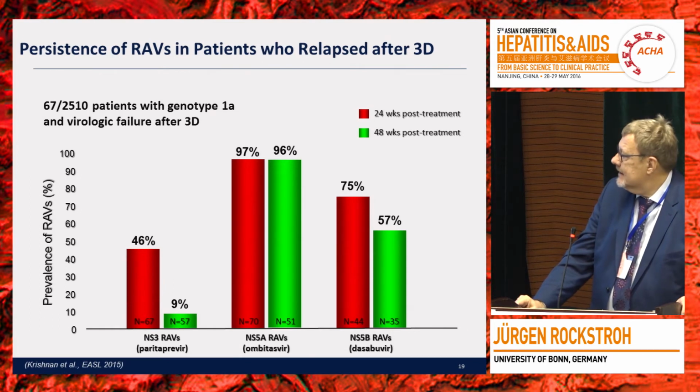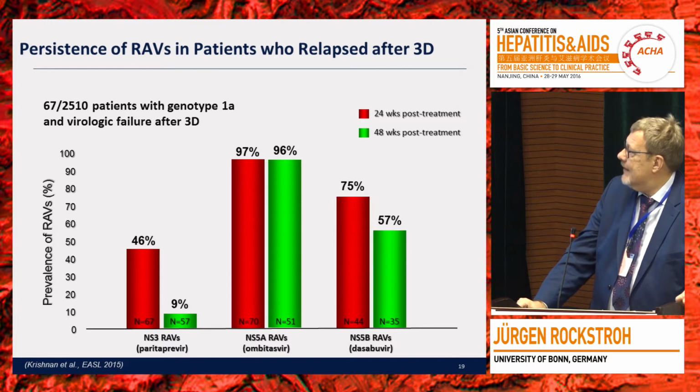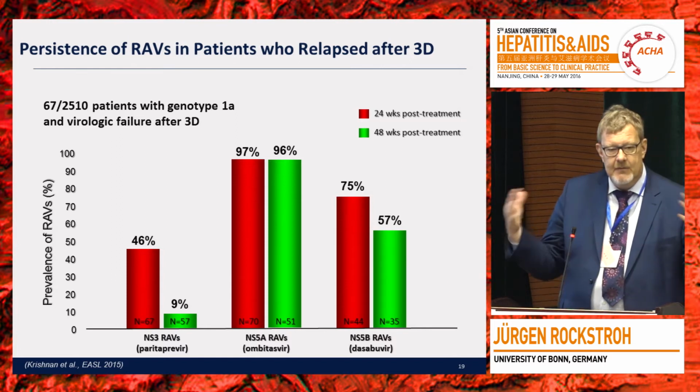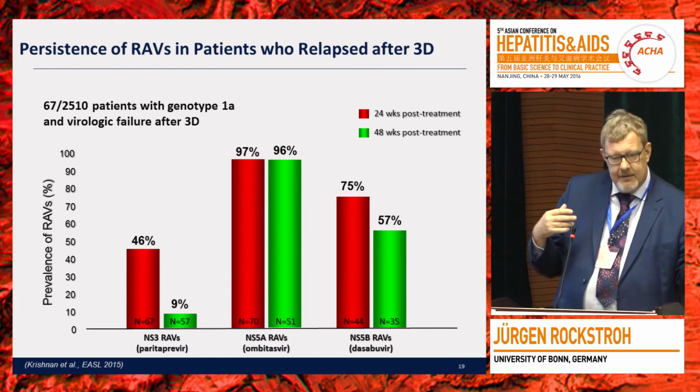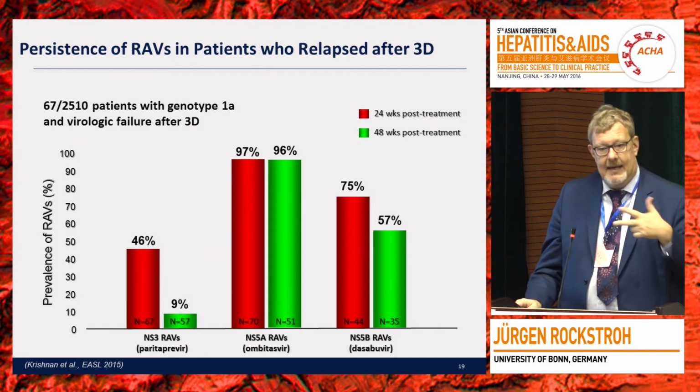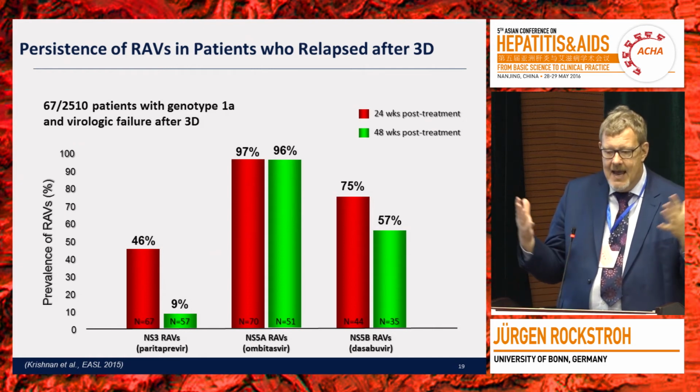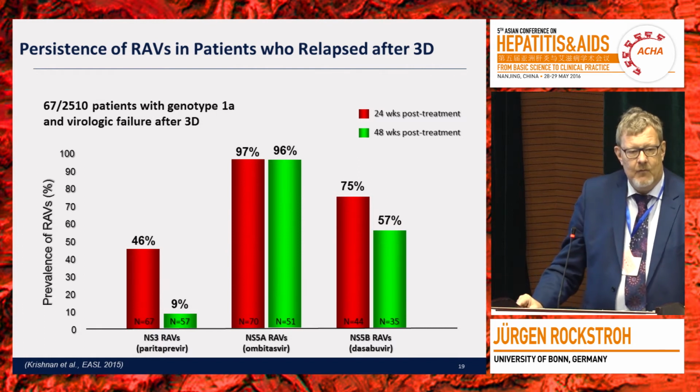This is another nice study looking at the persistence of RAFs in patients who relapse after the 3D regimen. And since the 3D regimen is composed of a protease inhibitor, an NS5A inhibitor, and an NS5B inhibitor, you can nicely see after a year of treatment what persists.